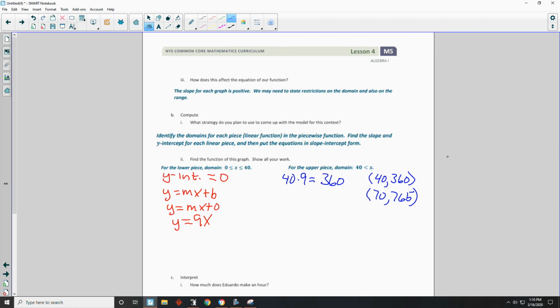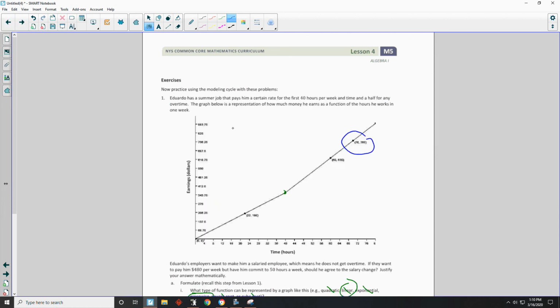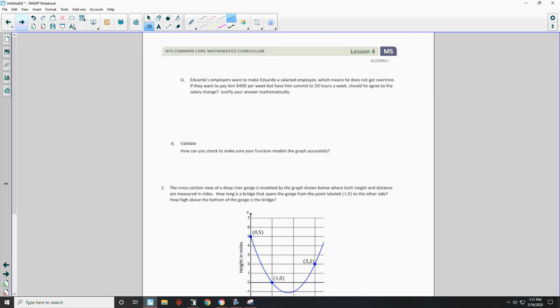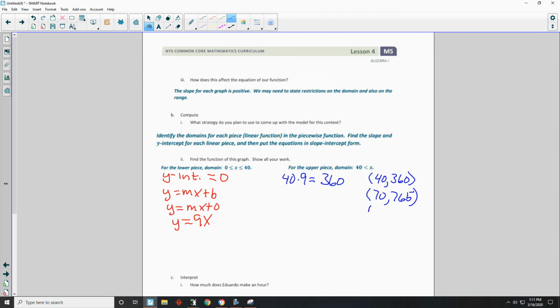And we also have another point over here, and that was 60, comma, 630. So we're also going to use 60, comma, 630. So when you work 60 hours, you make 630, 70 hours, you make $765. That's what that means. So we want to select the 2 points on that line, not using this endpoint, and so we would use these two to find our slope.